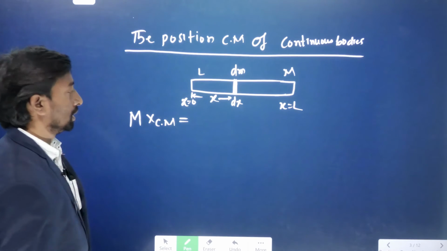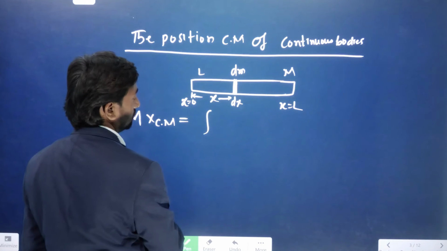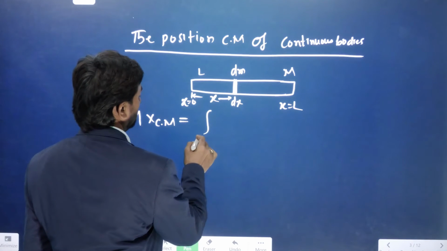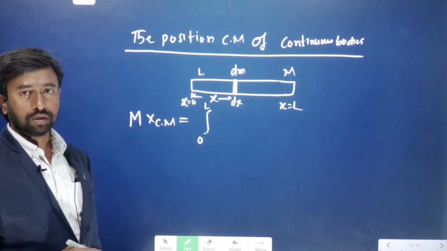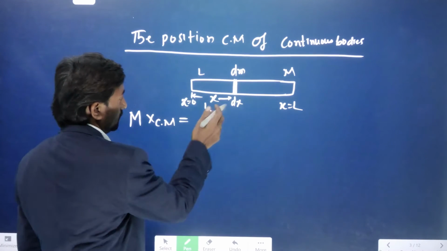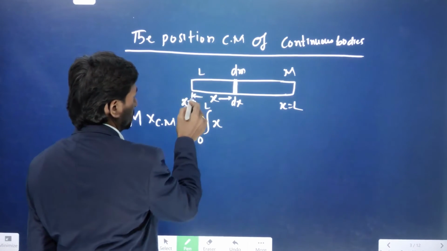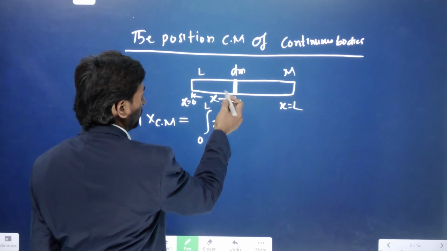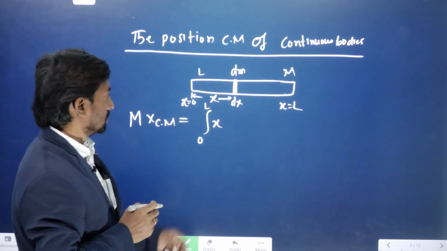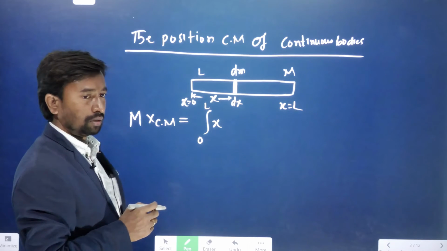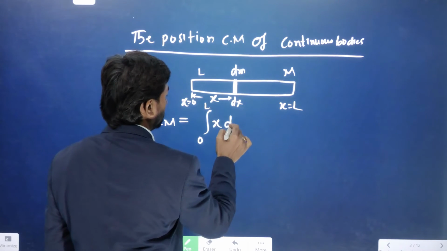That can be represented with the integration from 0 to L. The small part of the length is at a distance x from the origin, and the mass of that small particle is dm.